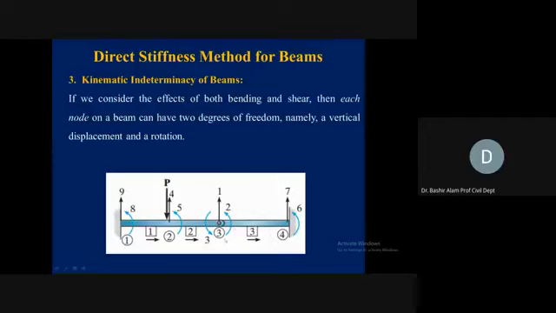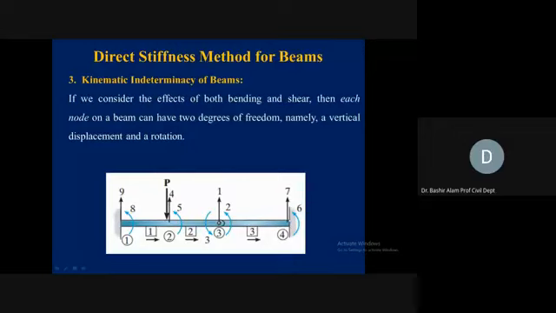Starting again from the free joint, joint 3 can translate vertically. So vertical displacement is 1, rotation to the left is 2, rotation to the right is 3. Let's look for the other free displacements. Node 2, where we have the point load, can displace in the vertical direction as well as rotate, so 4 and 5 come from here.